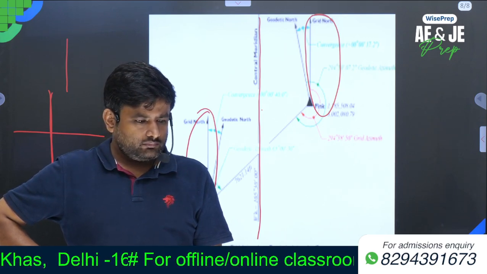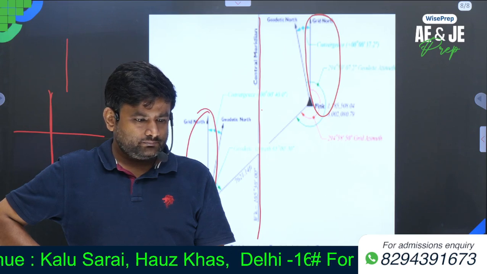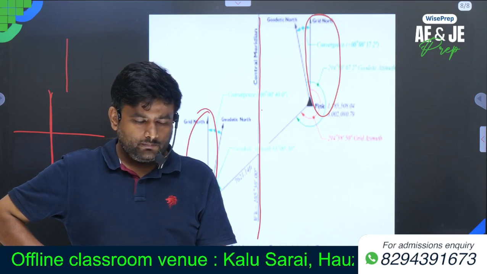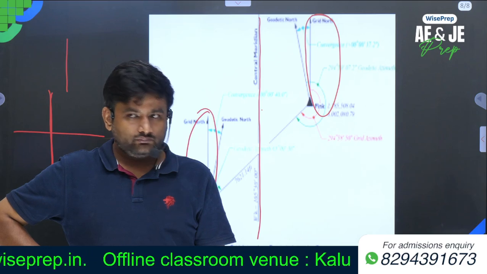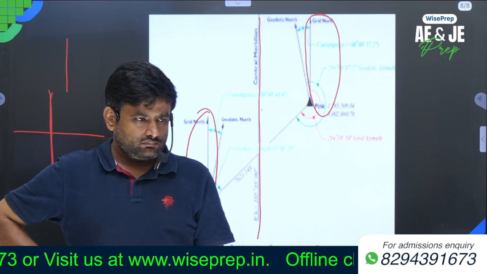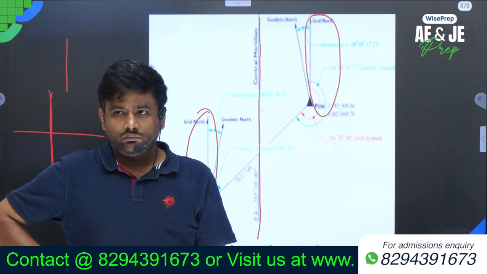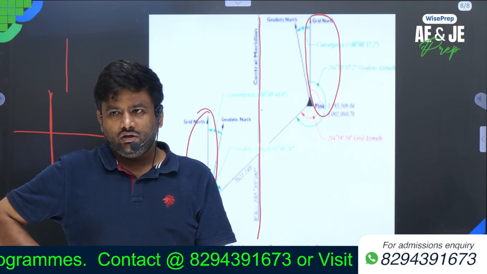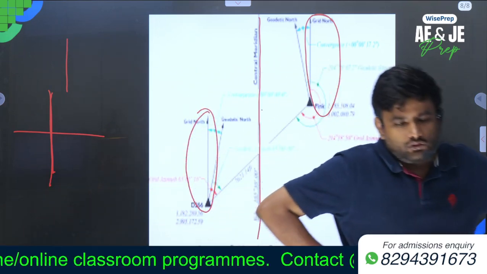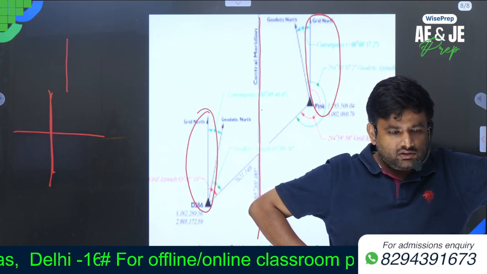Next, plotting irregular shorelines. Next, reconnaissance survey. Next, clearing of roads, or in the case of widening of roads. Make points 1, 2, 3, 4, 5, 6, 7, 8, and so on.